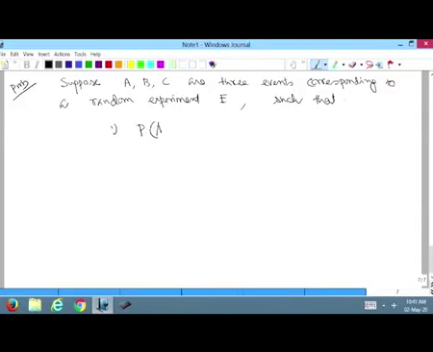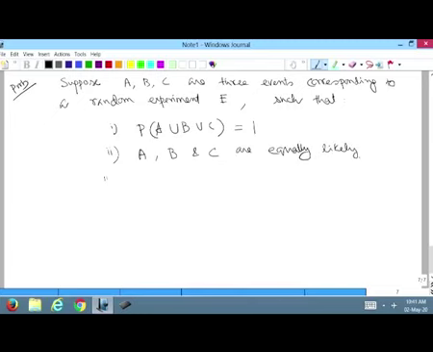Probability of A union B union C is equal to 1. 2. A, B and C are equally likely. 3.